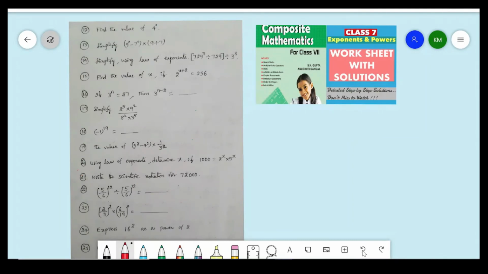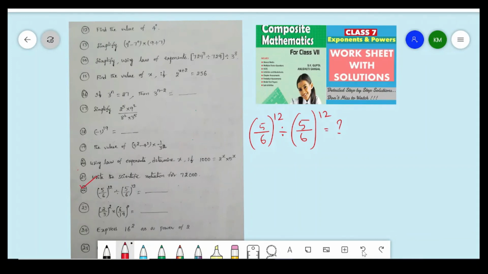Let's move to the 22nd problem. Here it is given that (5 over 6) whole to the power 12 divided by again (5 over 6) whole to the power 12 is how much? This is just like a by a.